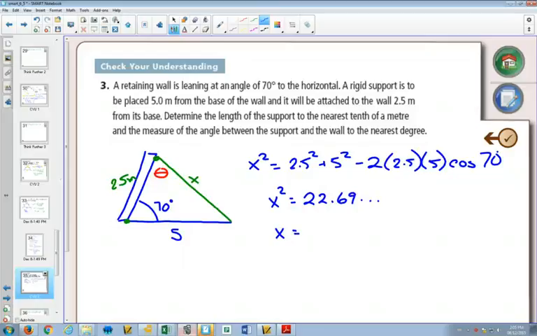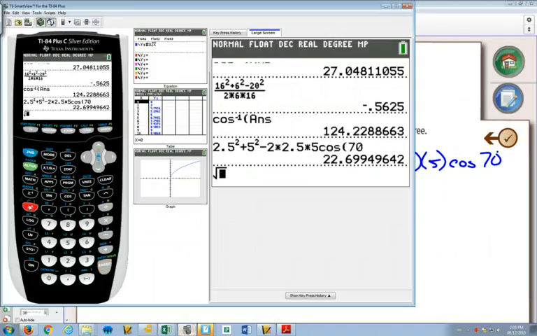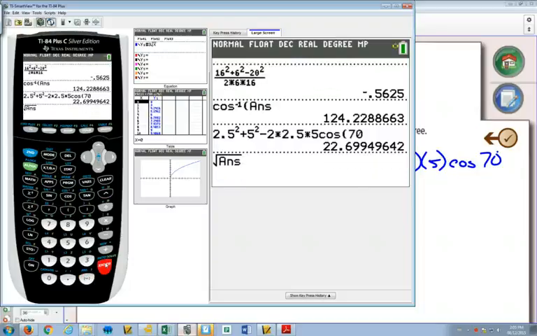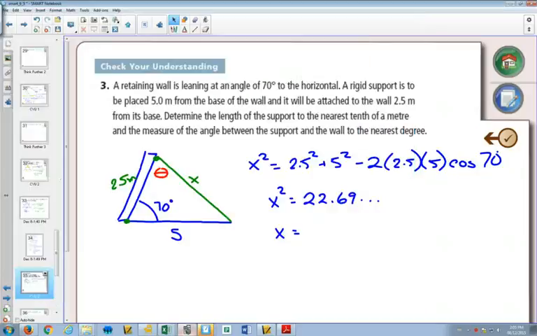And then to find x, just need to square root that answer, 4.8, to the nearest tenth of a meter, 4.8 meters.